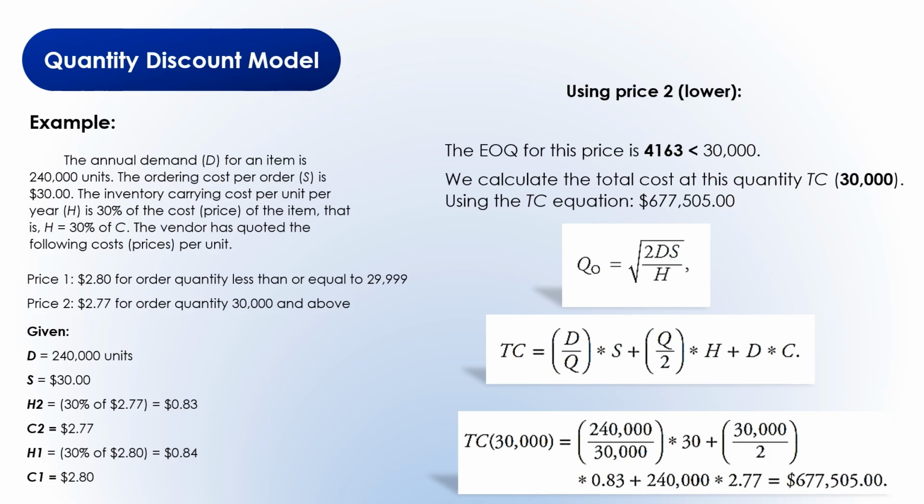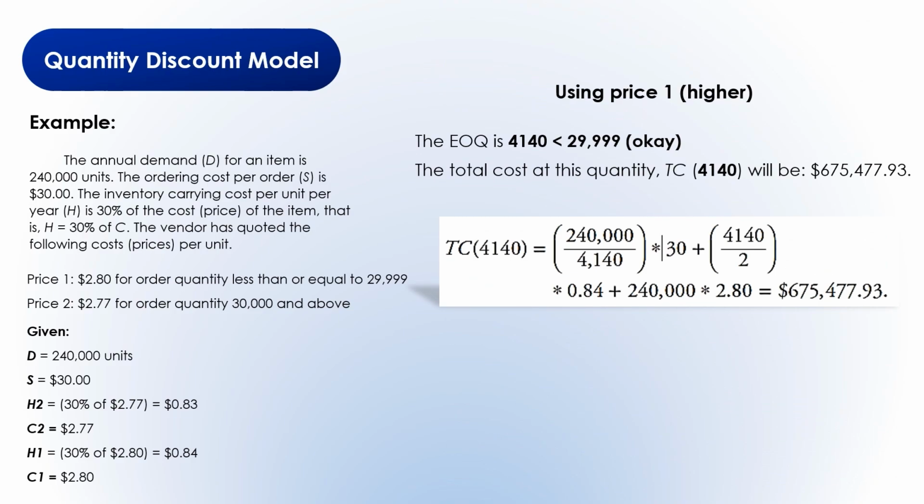Using the TC equation, then the total cost is $677,505. Note that we use the order quantity 30,000 because the Q from the EOQ formula does not satisfy the requirement, which is order quantity of 30,000 and above.